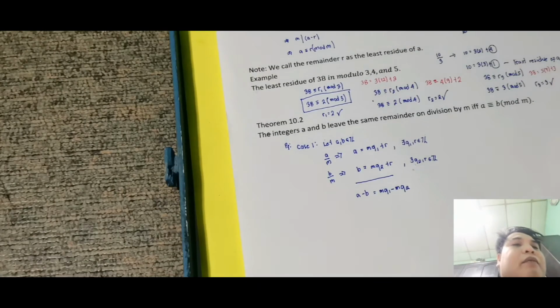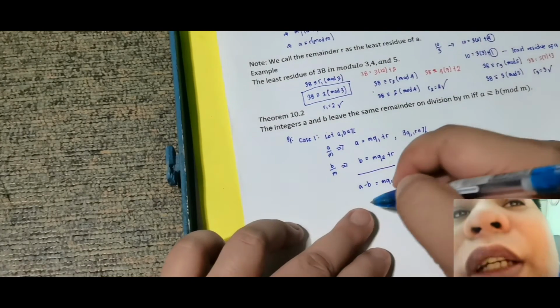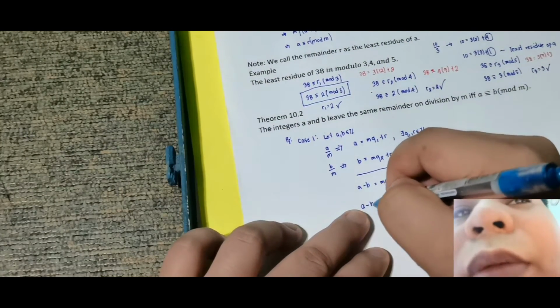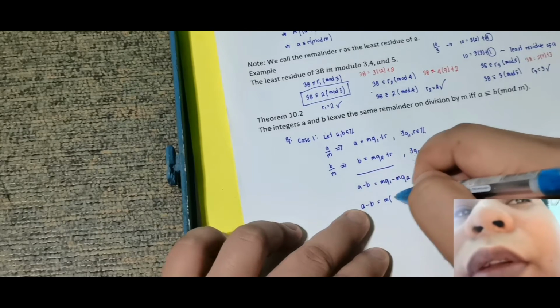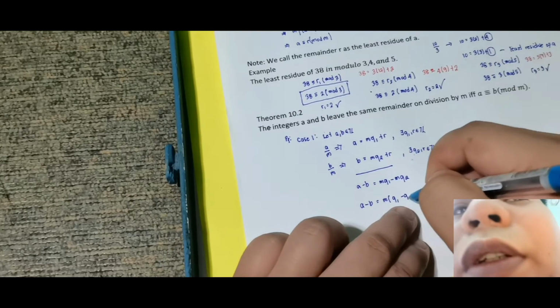Then r minus r is 0, so it cancels. Then I factor out the m, so a minus b is equal to m times q sub 1 minus q sub 2.